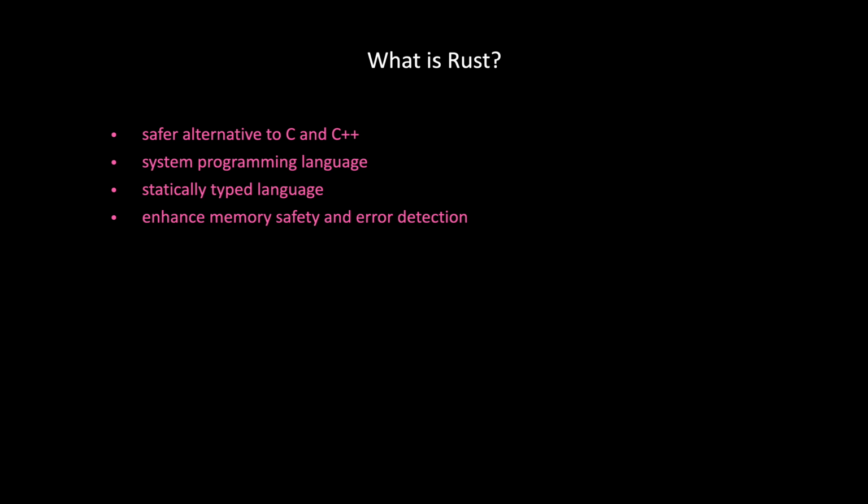In other words, we want to gain the same level of performance and control, and be able to write a wide range of applications, from system drivers, operating systems, endpoint APIs, blockchain apps, even web applications. So it's basically a generic, general purpose language.